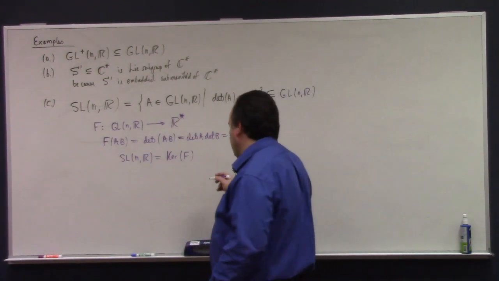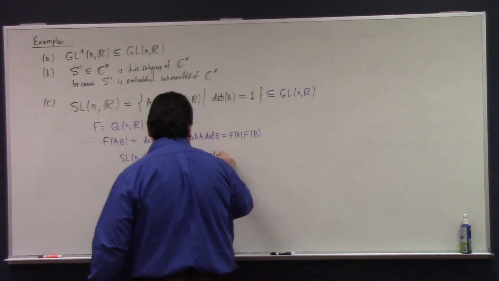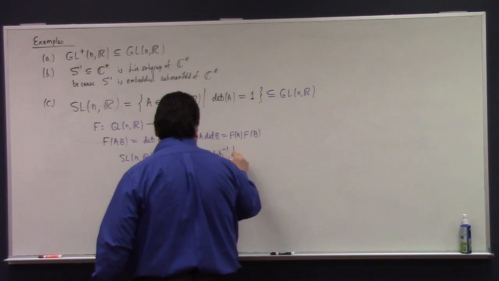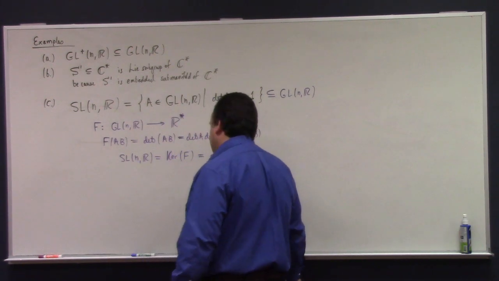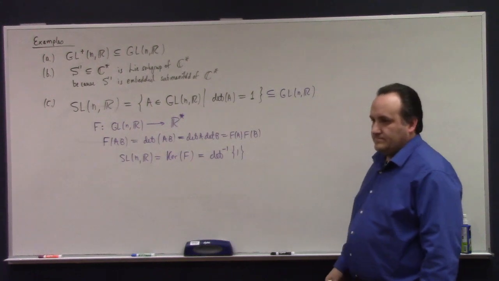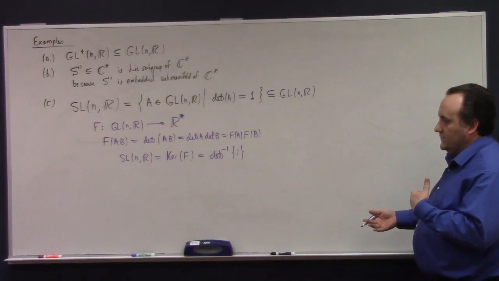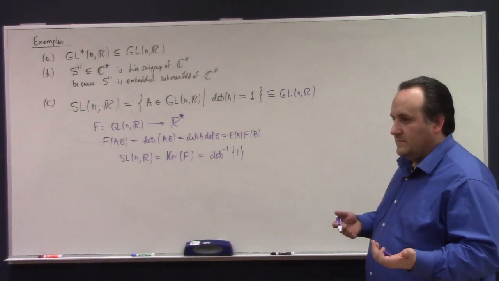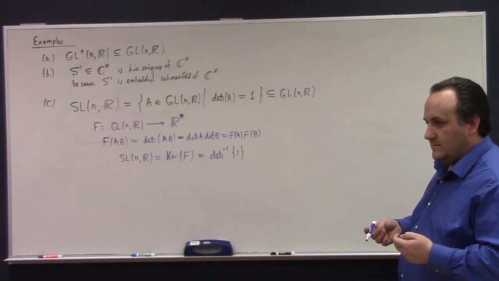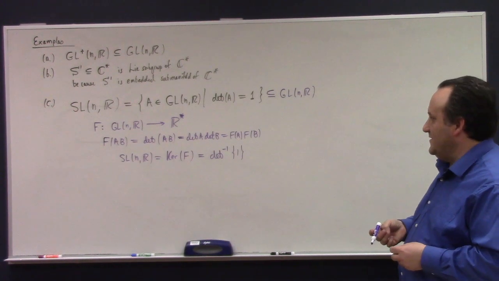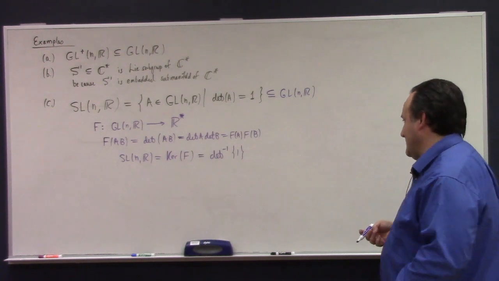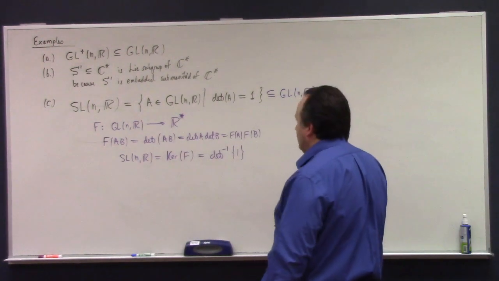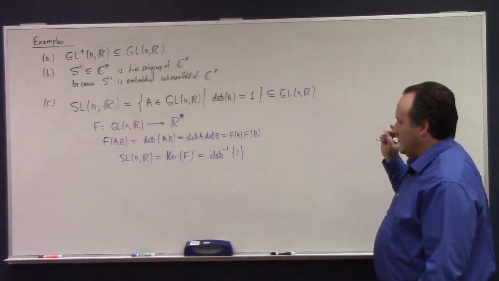If you want, I could use this notation: it's the inverse image under the determinant map of the number 1. It's the set of all matrices whose determinant maps to 1. And 1 is our eins element in the positive reals. It's the identity.